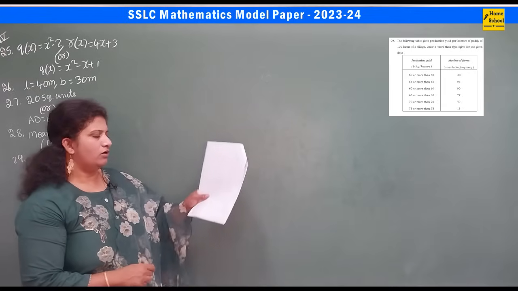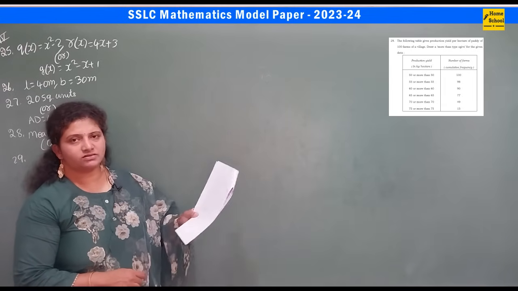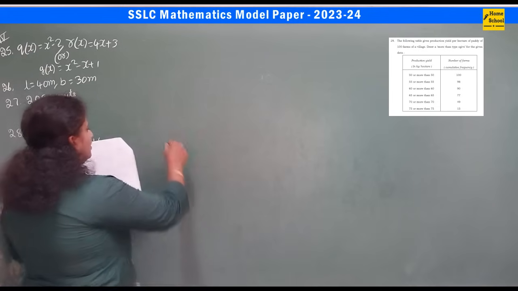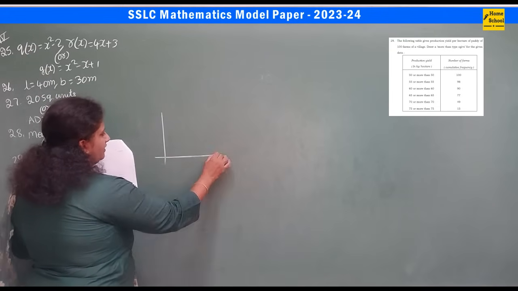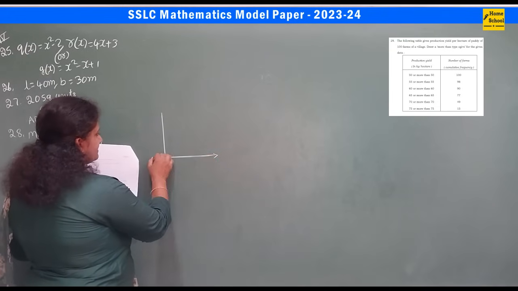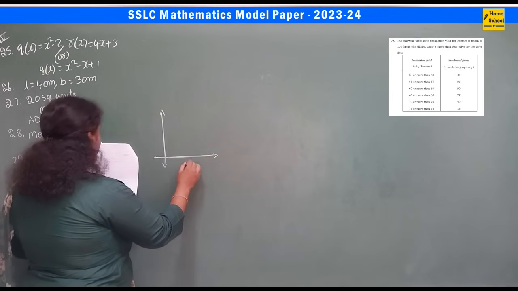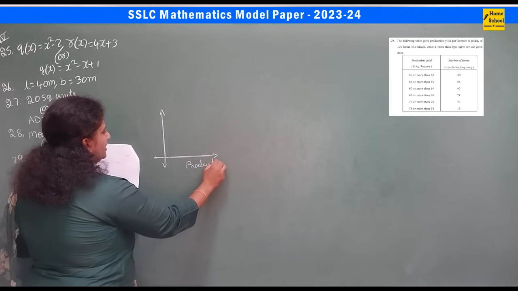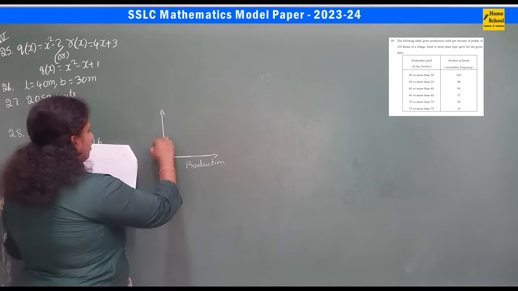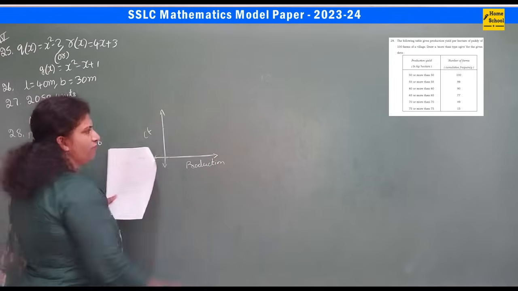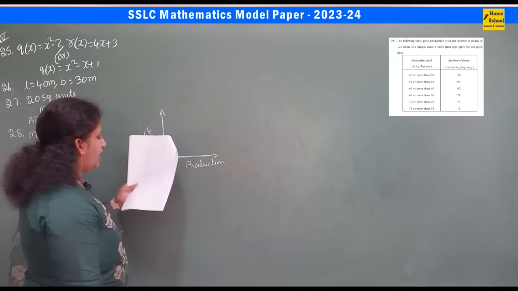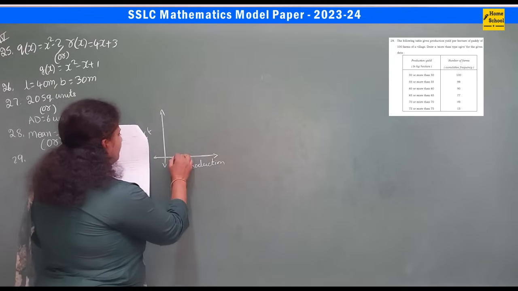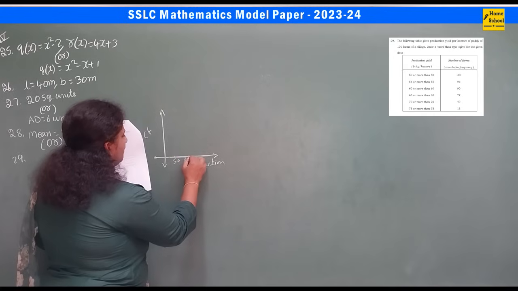More than type cumulative frequency curve you have to draw. So already cumulative frequency also there. So directly you take your graph sheet and on x-axis you just take production yield. Production yield you can write, and on y-axis cumulative frequency. And you are going to take here 50, 55, 60, 65.